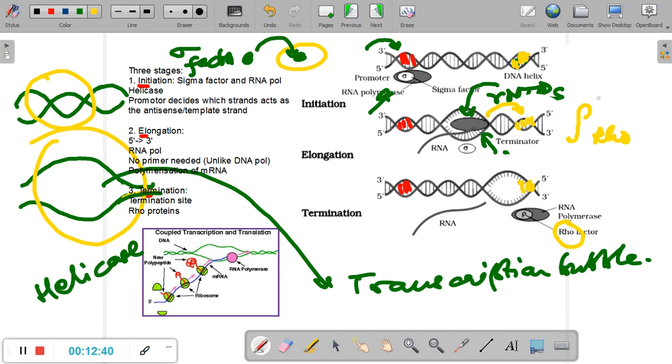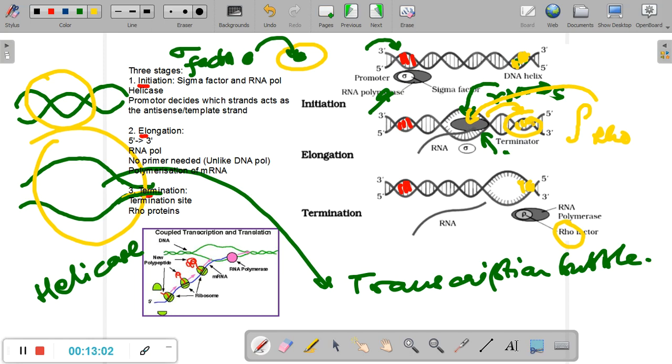At this particular site, it gets associated with RNA polymerase. Temporarily it gets associated, and this Rho protein can actually identify this site. So the Rho protein identifies this site, and then RNA polymerase is basically taken off the DNA strand. So it is disconnected from the DNA strand.